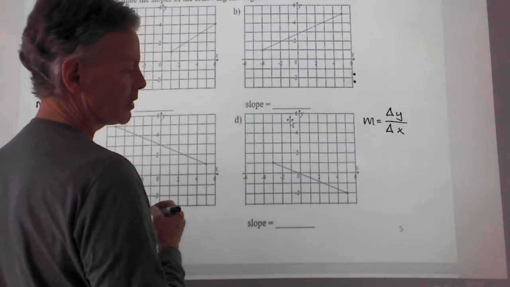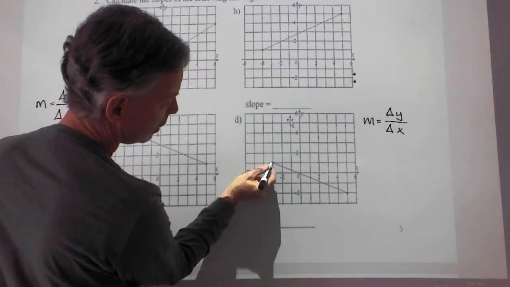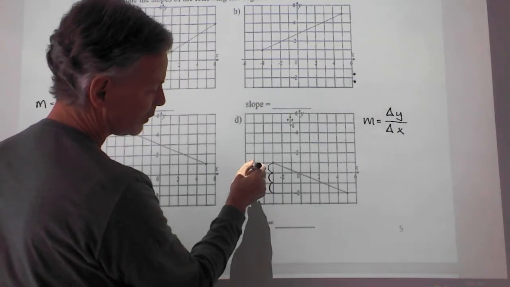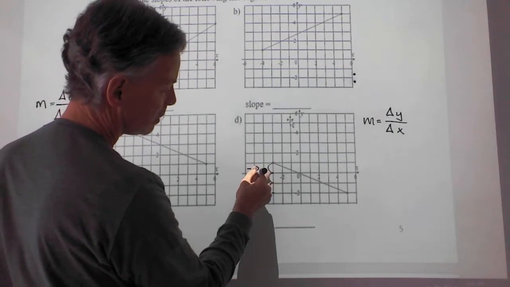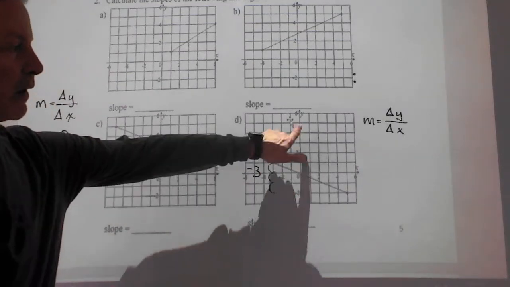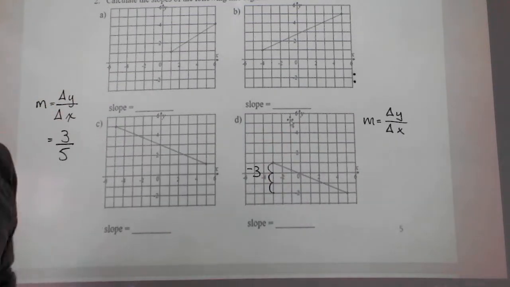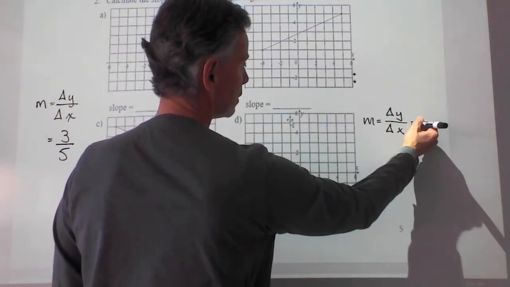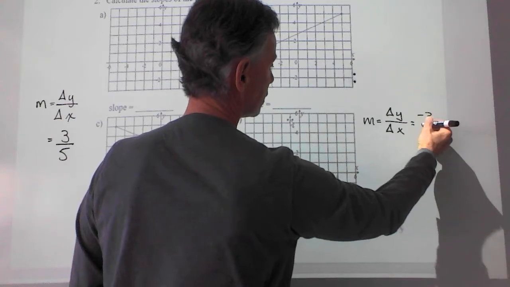Well, what is the change in y? Well, we have to go 1, 2, 3, and this time, since we're going down, that's a negative 3, right? Down is more negative, up is more positive. So, our change in y values is negative 3.